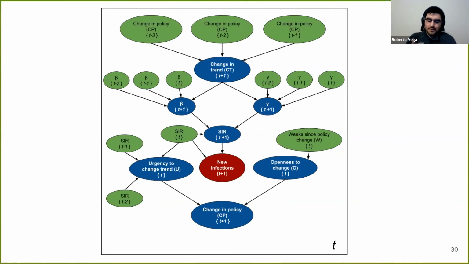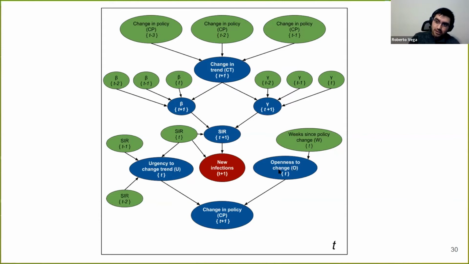What if the last change was 2 weeks ago? Well, still, I mean, I have to give it time for the policy to take place, right? What if the last change in policy was 1 month ago? Well, then probably I am very open to the possibility of making a new change. What if it was like 2 months ago? Yeah, sure. If we need to change a policy, let's do it. That is the assumption that we are doing.